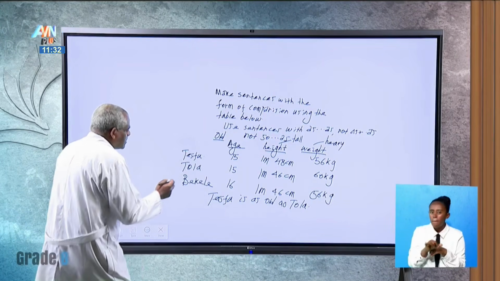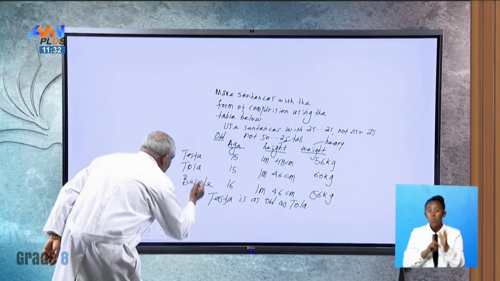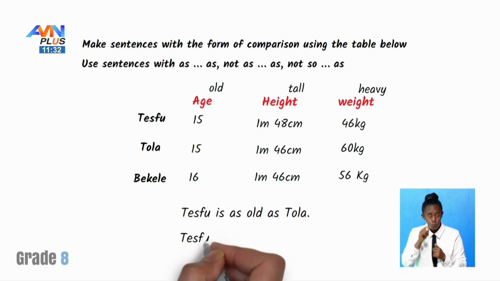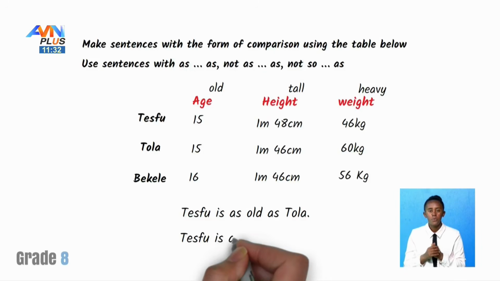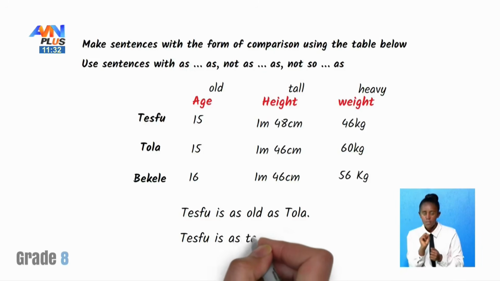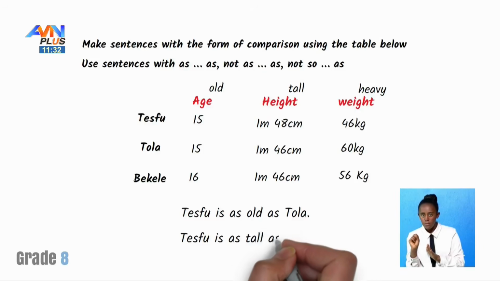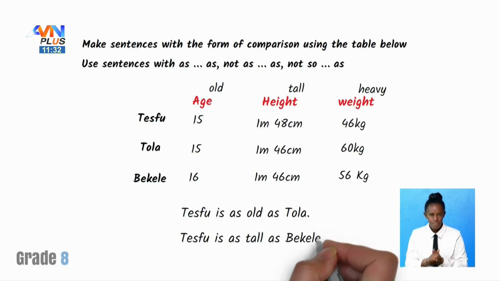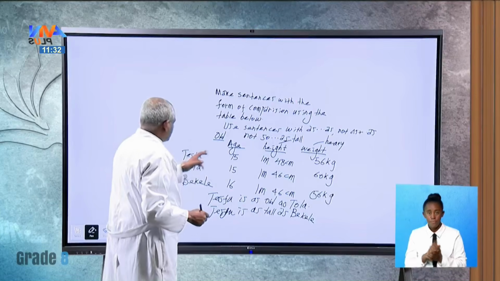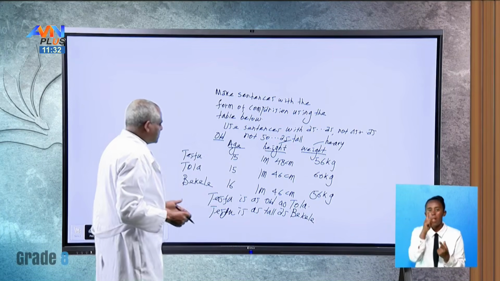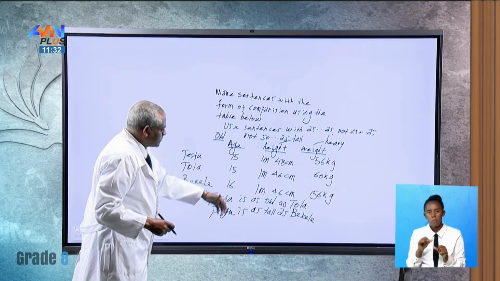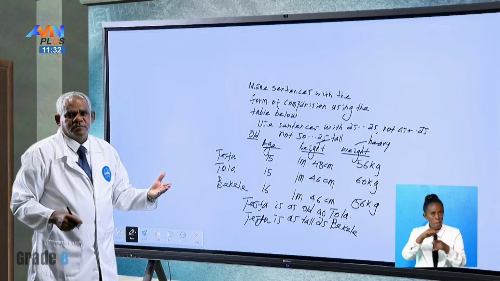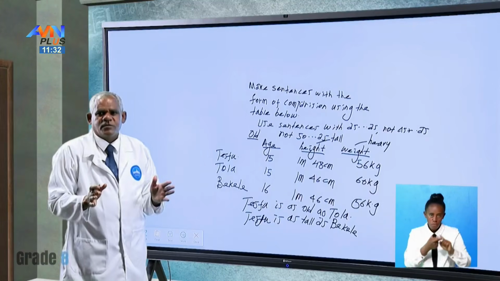In their tallness. Okay? So let's go. Tesfu is as tall as whom? You are welcome, Bakala. You see? Exactly. Tesfu is 1 meter 48 centimeters tall, whereas Bakala is also 1 meter 46 centimeters tall. So I hope you'll practice and do it at home with your friends.